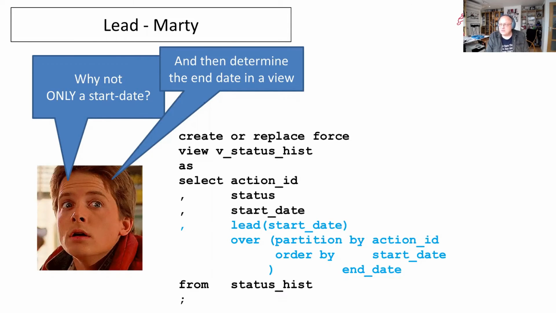We use the lead analytic function, which looks by default, as we use it here, to the row just after the current row. By doing lead start date, you get the start date of the row just after, and we will call that end date.